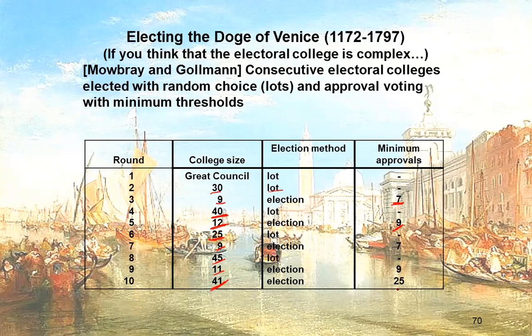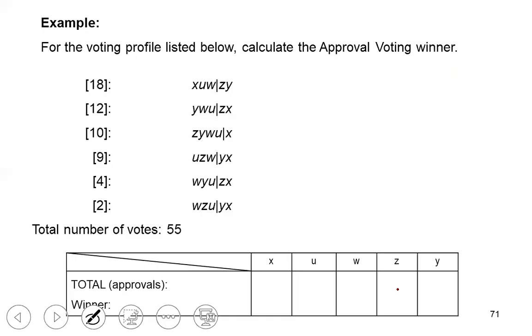I think that the answer is in preventing manipulation. If you have such complicated methods, so many rounds, then it is very difficult to manipulate this. And this is how we interpret such methods, as preventing manipulation.